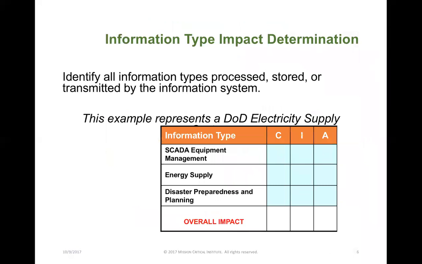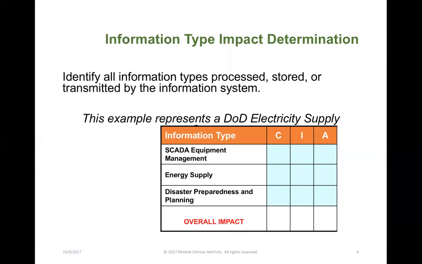Okay, so this week we're going to talk about information type impact determination. There are different information types, depending on what your industry is or what your job functions are, and that's the kind of thing we look at when we're trying to categorize the system.